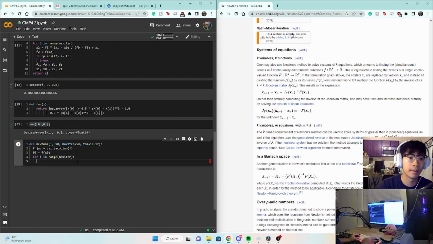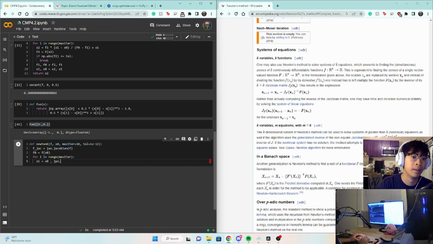What it's saying is the new x value is going to be equal to the previous x value minus the, now be careful here, the Jacobian. Remember, the Jacobian is a matrix of partial derivatives evaluated at the previous x value, and we take the inverse of it. So it's an inverse matrix operation.